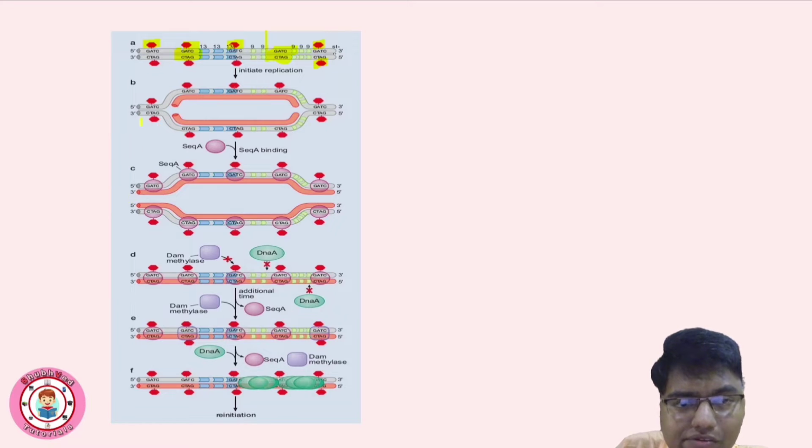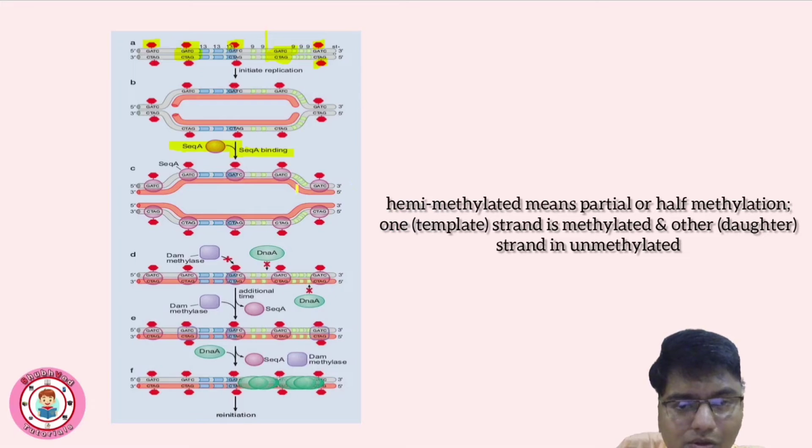Now after replication, the new strands which are synthesized are not methylated, right? After completion of DNA replication, the sites are methylated. So here comes a protein known as SeqA. It will bind to the hemimethylated state of DNA, right?